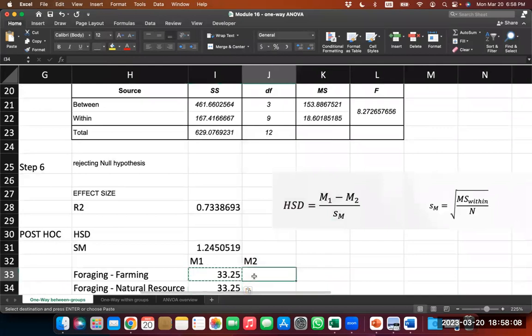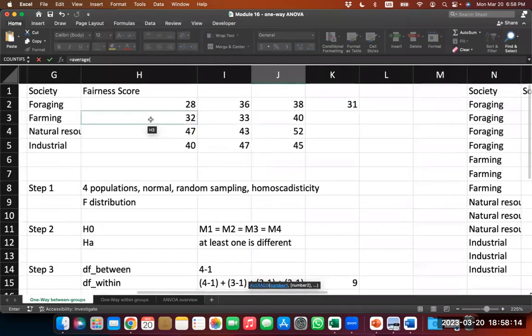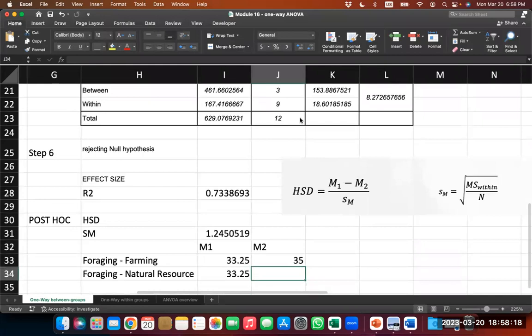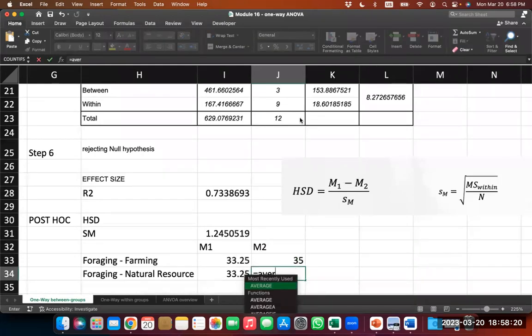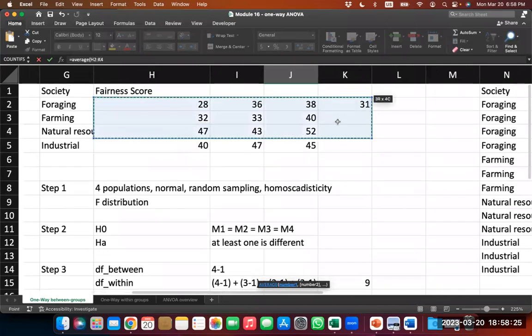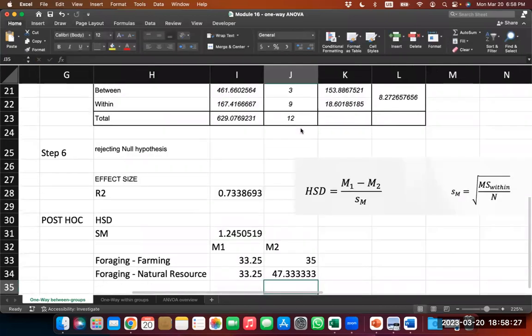Those values. M2 is farming, that's average. This of natural resources, so average of, okay.